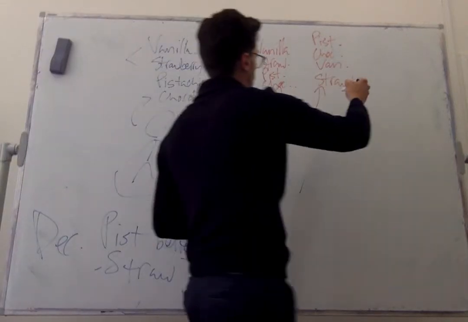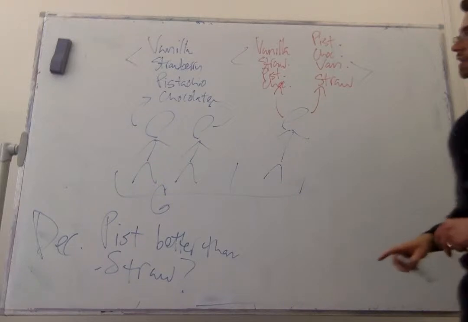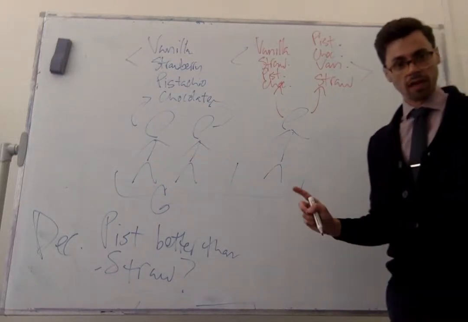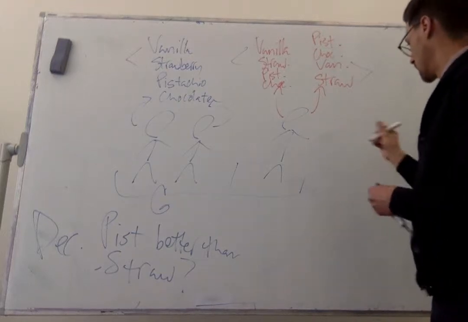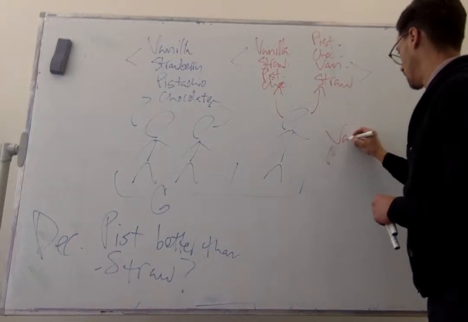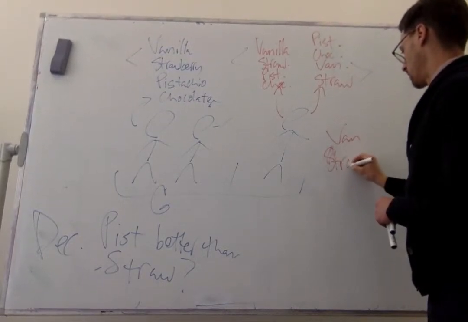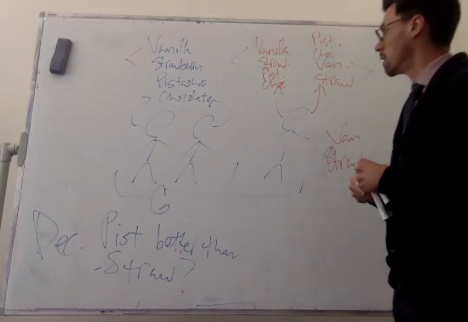So you go all the way down the line, whichever one of these two we pick. Everybody, all three of these people like vanilla better than strawberry. And so the group must like vanilla better than strawberry. That's one consequence of the Pareto principle.